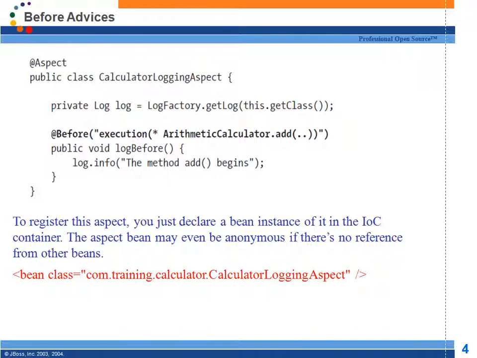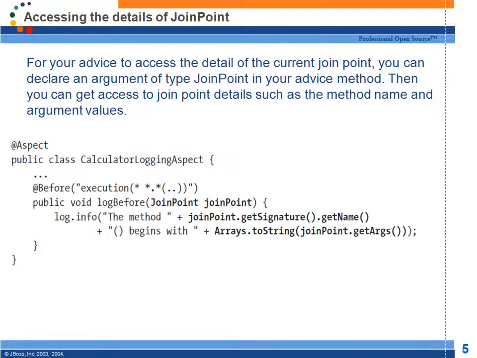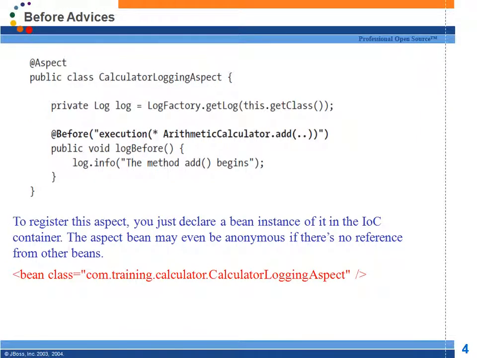Simply register this bean inside your XML. If you request for calculator, automatically, if any method of calculator is matching this pointcut, a proxy will be created and given to you. First, let us do this one example, and we can use the same thing for all the other annotations also.